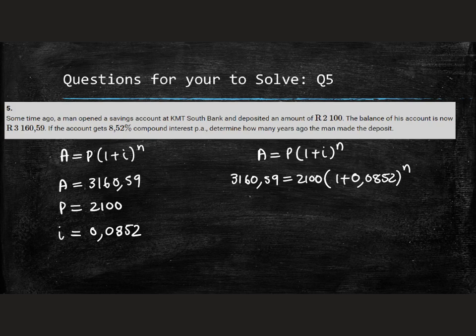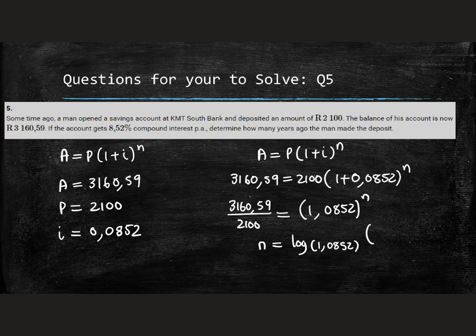We divide both sides by 2,100 and we're left with 3,160.59 over 2,100, which must have come from 1.0852 to the power of n. We're going to convert that from exponential form into log form. n is equal to the log of the interest rate component and the quotient between future value and present value.